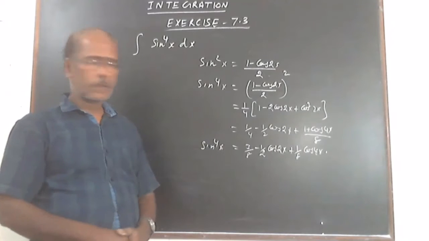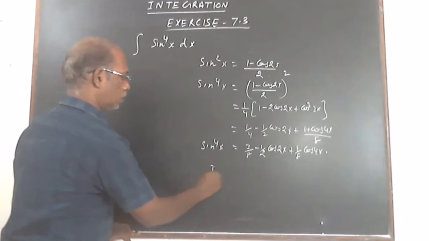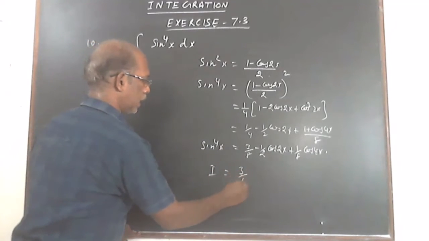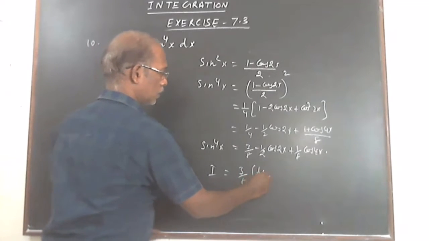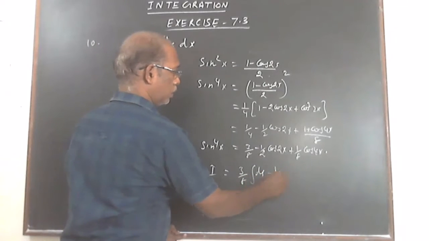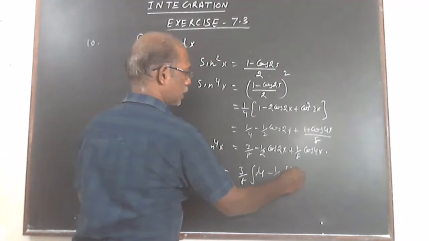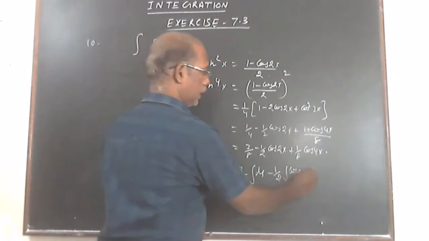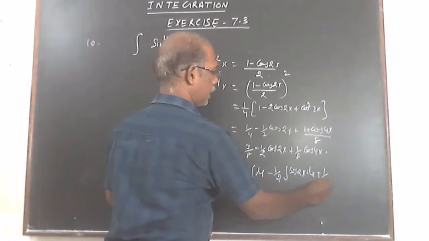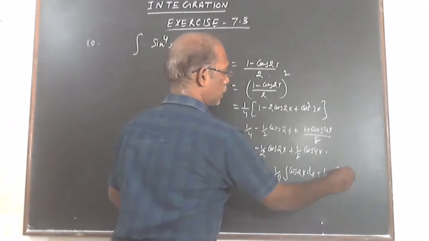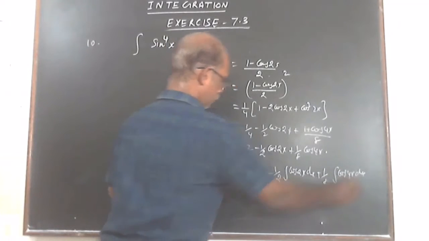Now we can integrate. I equals 3 by 8 integral of dx minus 1 by 2 integral of cos 2x dx plus 1 by 8 integral of cos 4x dx.